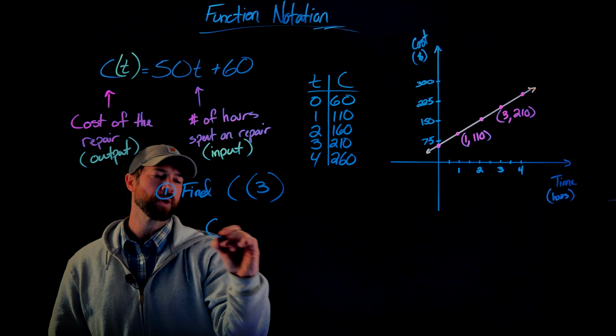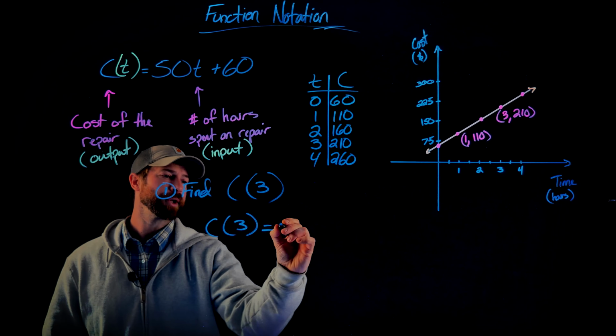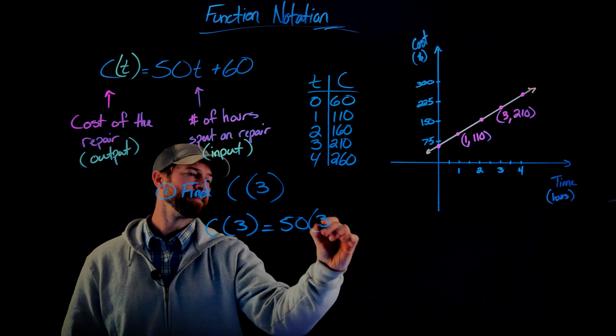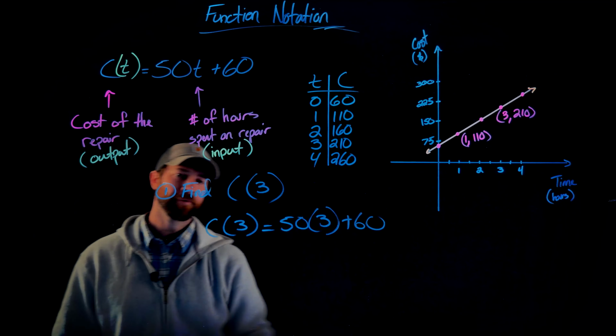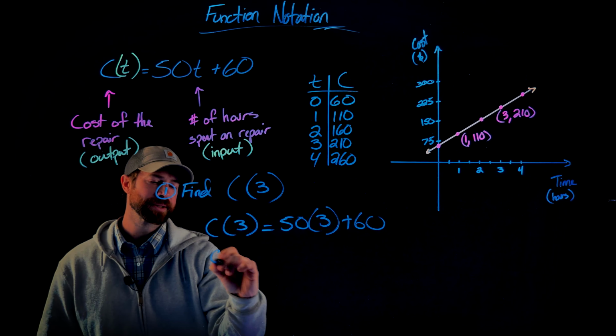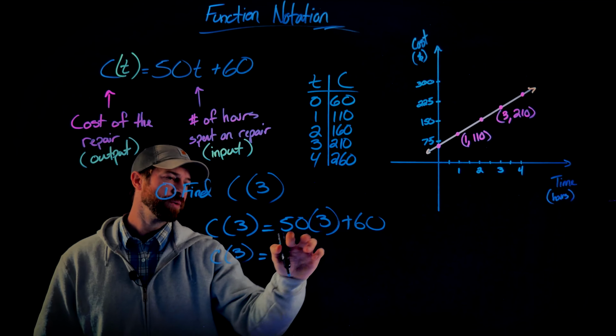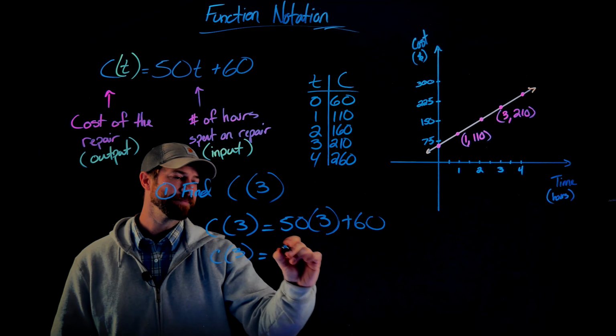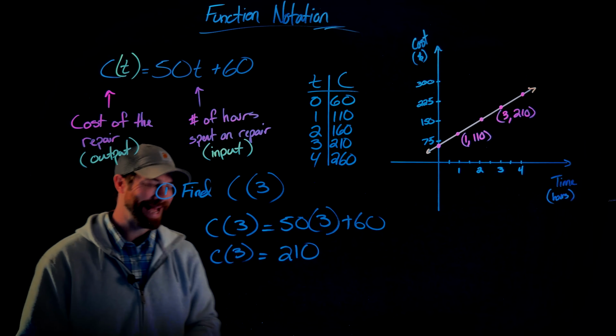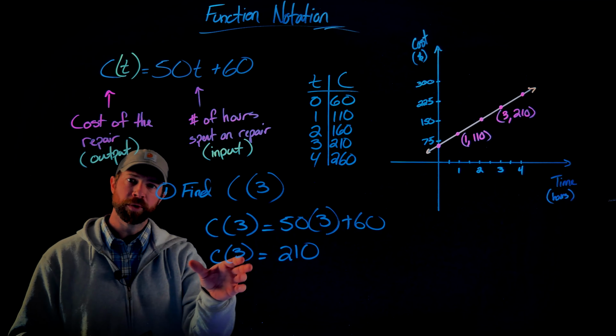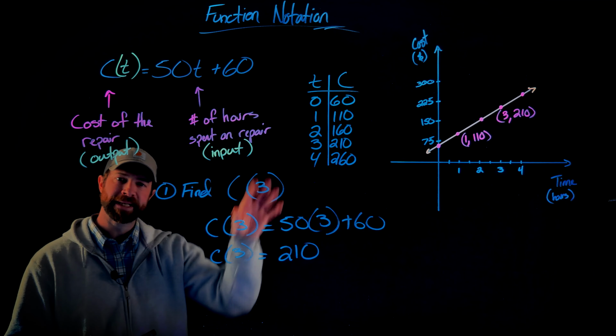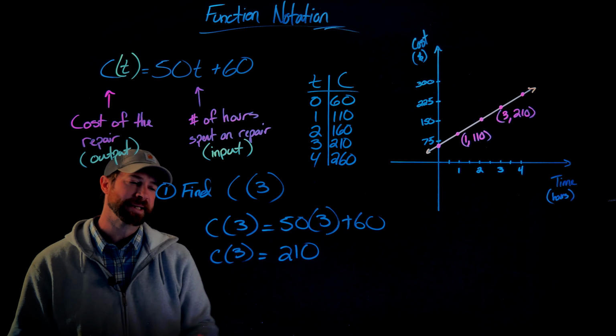To do this, what we're going to do is simply plug in 3 for t and evaluate this. When we do this, we'll get 150 plus 60, which is 210. This is a really important part of notation, and I want to link it to the table and the graphical representation.